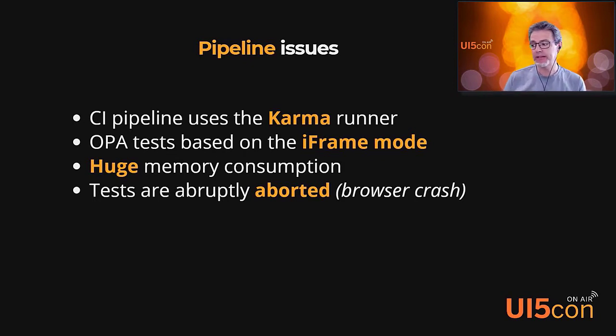On top of that, when you execute the continuous integration pipeline, you want to extract the coverage information from these tests, which adds to the memory consumption. So we realized that inside the continuous integration pipeline, our tests were abruptly aborted. And after some further qualification, we realized that this was coming from a browser crash because of the memory consumption.